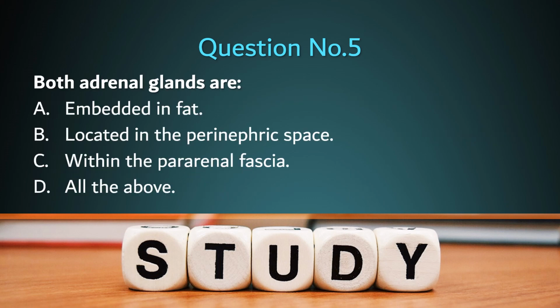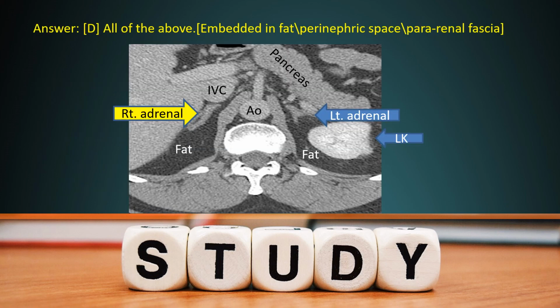Question number 5. Both adrenal glands are embedded in fat, located in the perinephric space, within the pararenal fascia, or all of the above. Both adrenal glands are retroperitoneal structures.